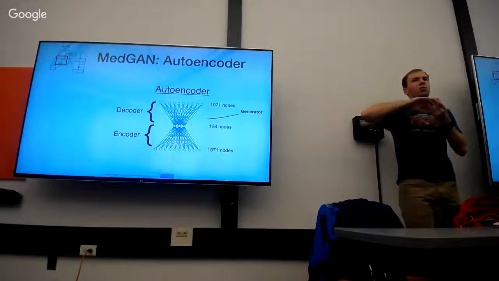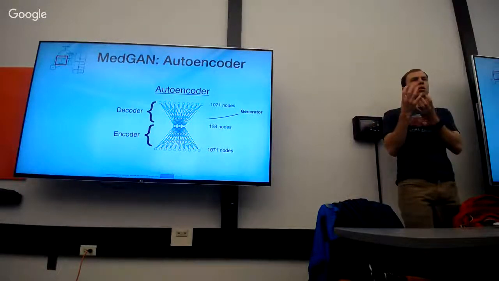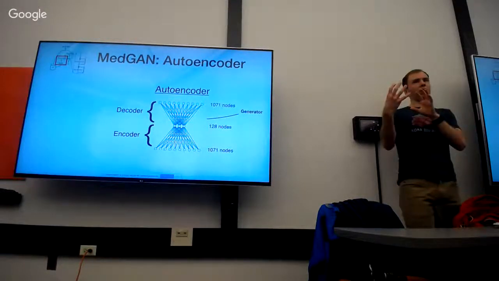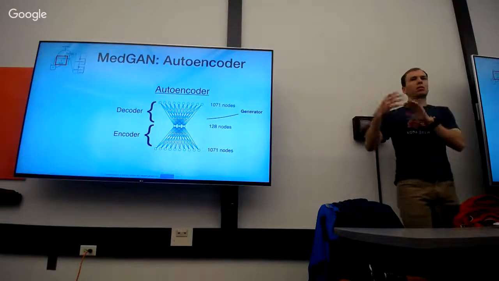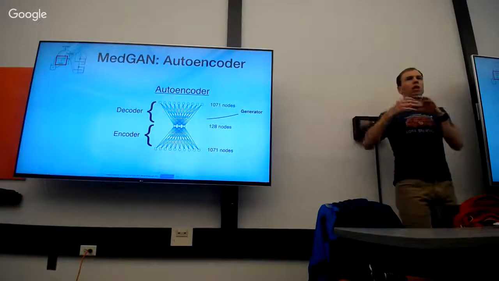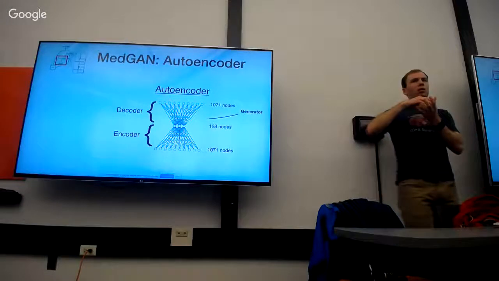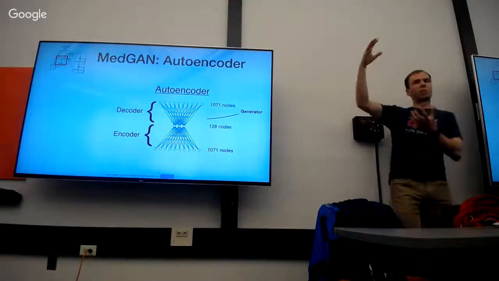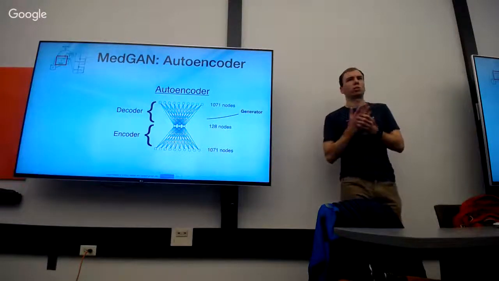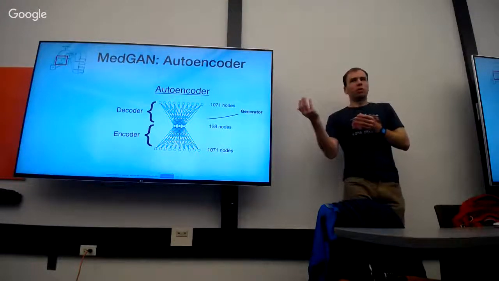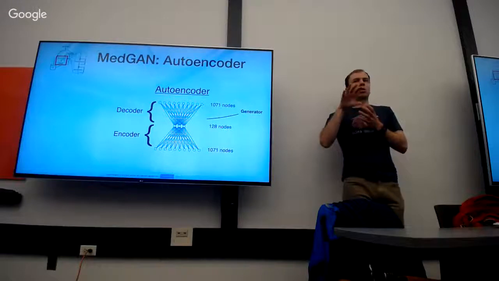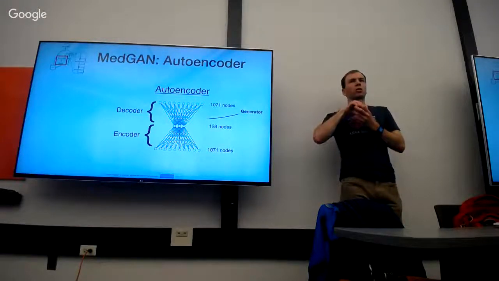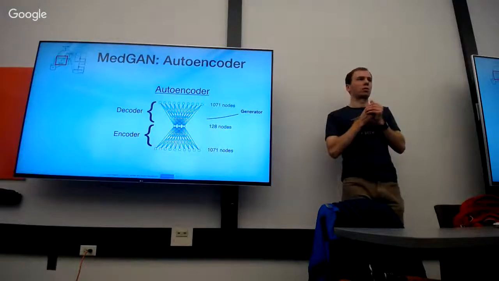You're reducing the data down to a latent space of 128 nodes, in this case, but it can be varying levels, and then decompressing it back to the original size. And so, just like our generator, we can put this decoder on the end of the generator so that we can decode our 128 nodes to the original size of the data.